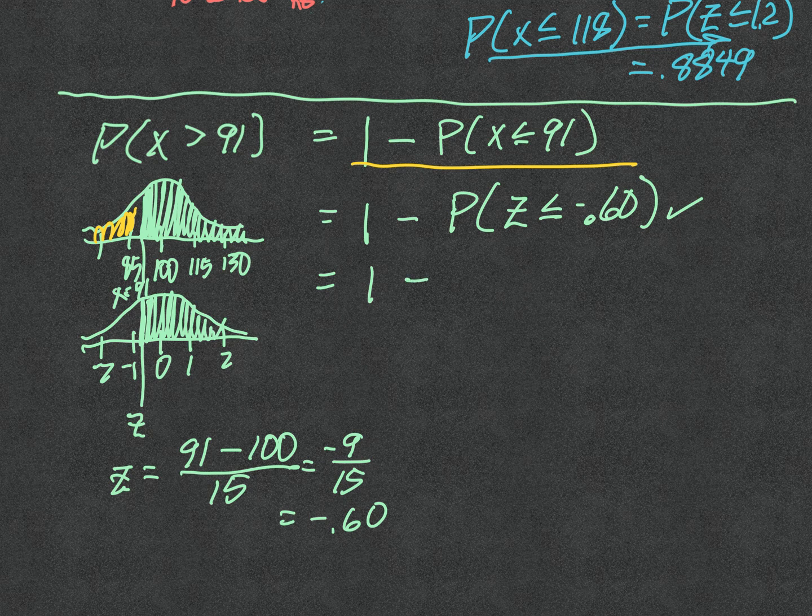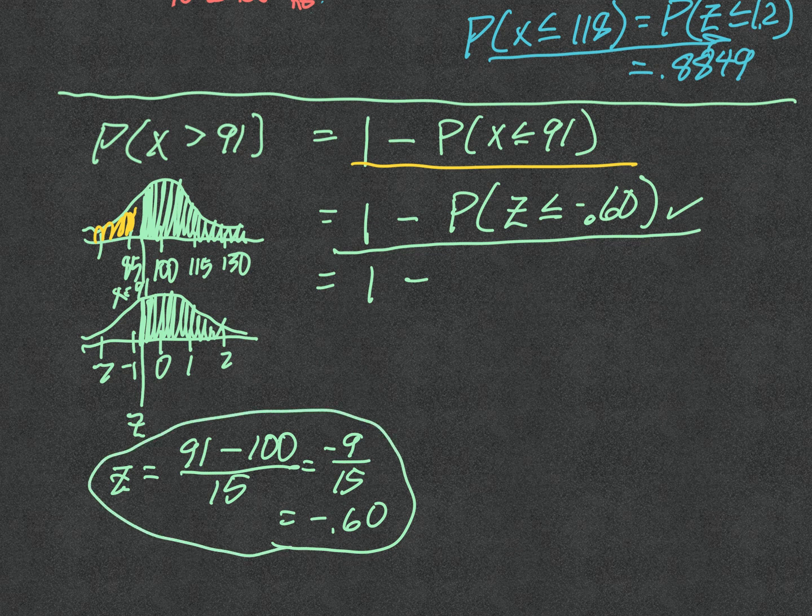Let's finish this video. Where we were at was writing the probabilities, and so we had just written the statement 1 minus the probability that z is less than or equal to -0.6, which was the value we found here for the z-score. So now I just need to look this up on the table.